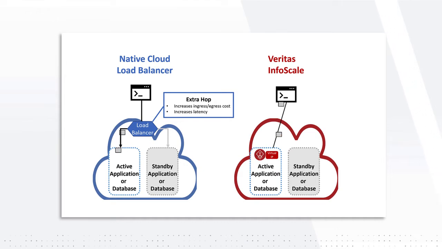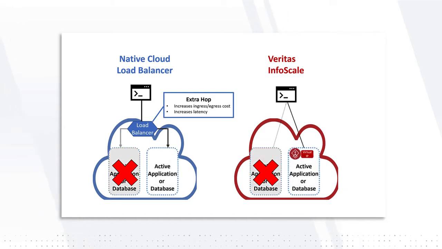So InfoScale can actually provide more advanced availability management for your applications than these cloud-native load balancing services. It can even be configured to provide application availability that spans cloud services. Right, so this lets you run your IT services using the most highly available hybrid cloud and multi-cloud architectures, and that significantly reduces application downtime in the event of something like, say, a cloud provider outage, for example.